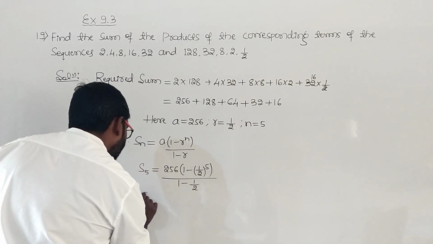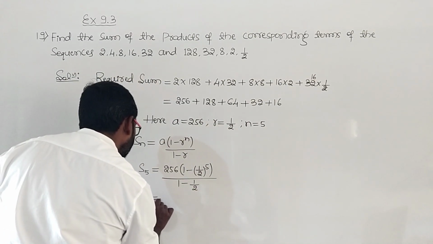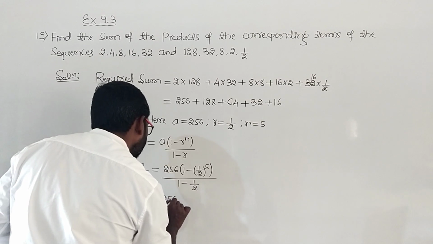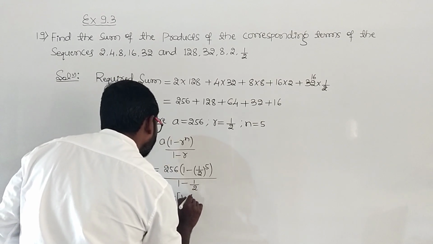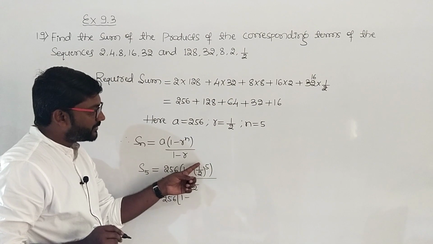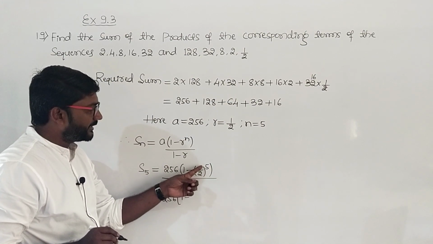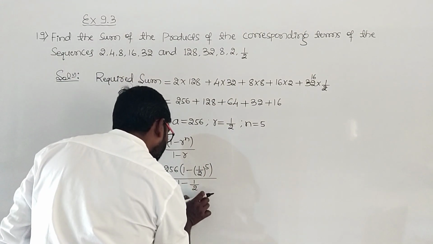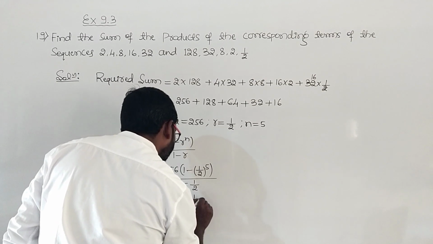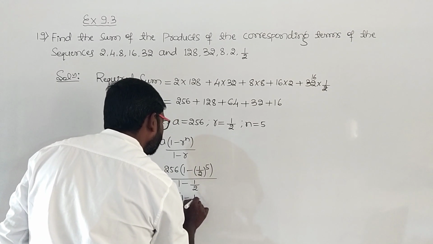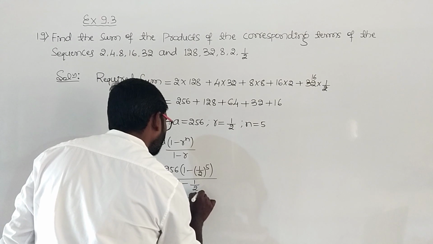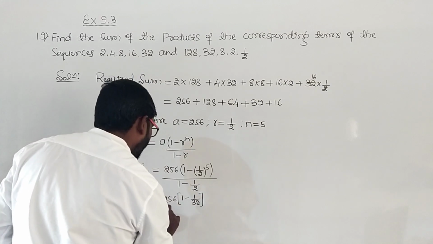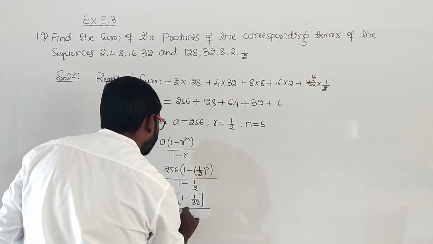So now S5 is equal to 256, then here we get 1 minus, this power applies to the numerator as well as to the denominator. 1 raised to 5 is 1, so you get 1 minus 1 divided by 2 raised to 5, that will be 32. So now 1 minus 1 by 2 is 1 by 2.